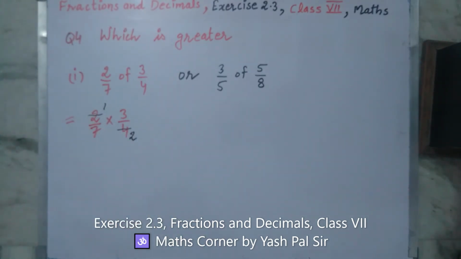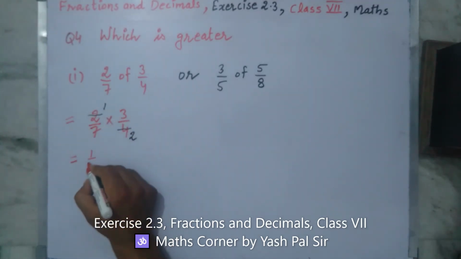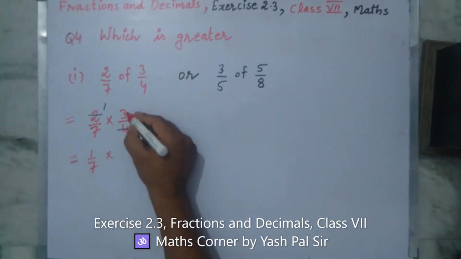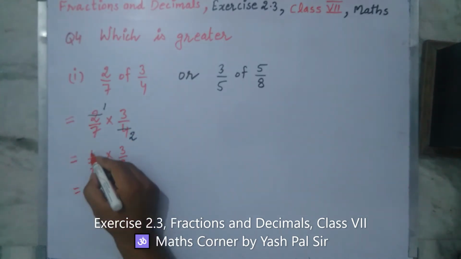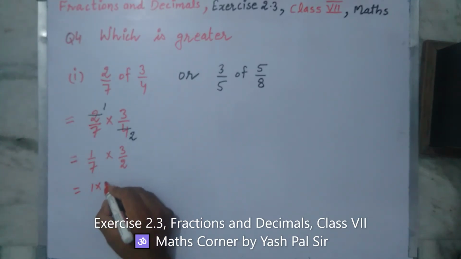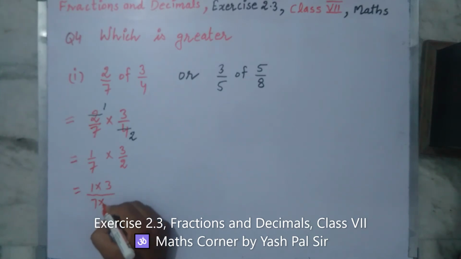So we can write this now as 1 upon 7 into 3 upon 2, which is equal to 1 into 3 divided by 7 into 2. The answer is 3 divided by 14.